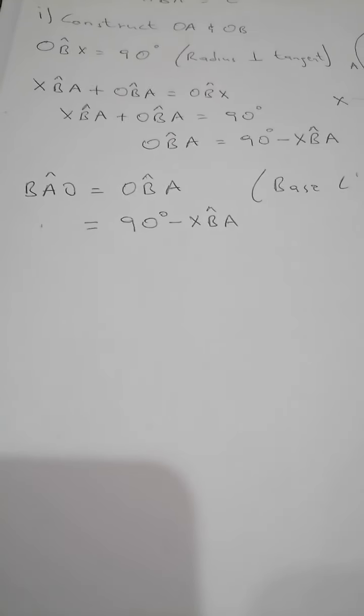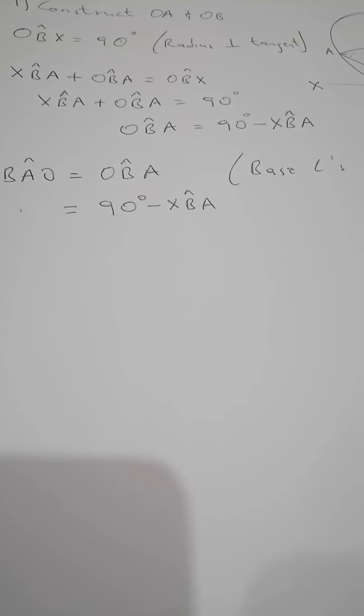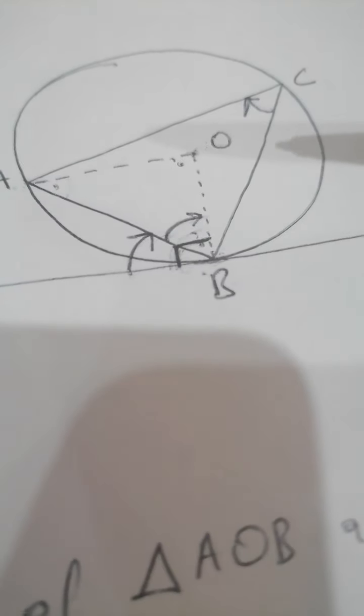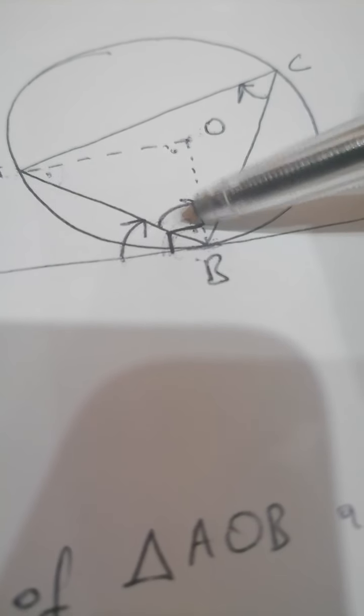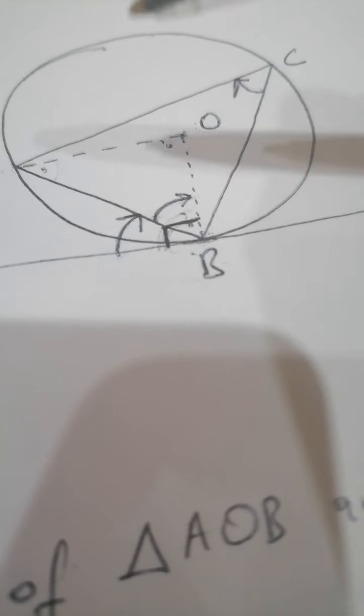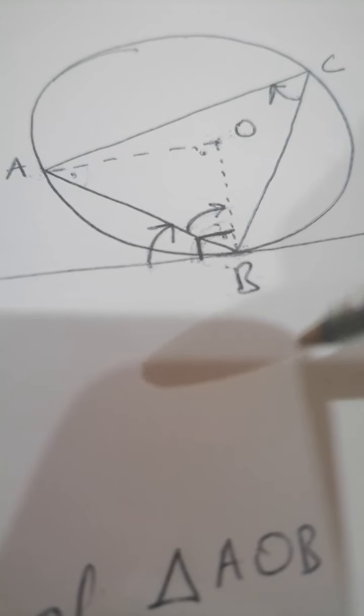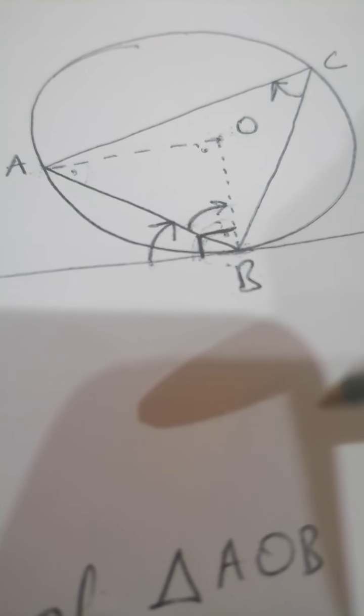So that means angle BAO is equal to 90 degrees minus angle XBA, right? Remember that our goal is to get all angles of triangle AOB. Why do we want to know the angles within triangle AOB?